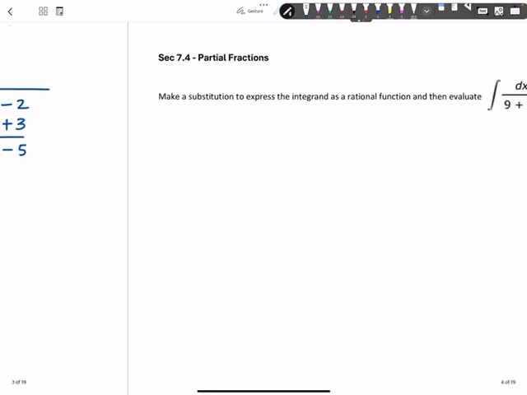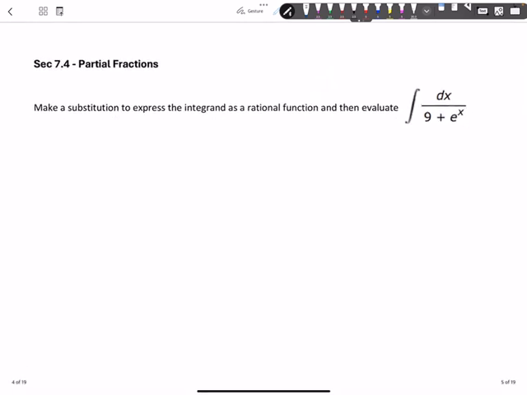All right, the next problem that I have here is asking me to make a substitution to express the integrand as a rational function and then to evaluate. I'm going to start by substituting u to be equal to e to the x.